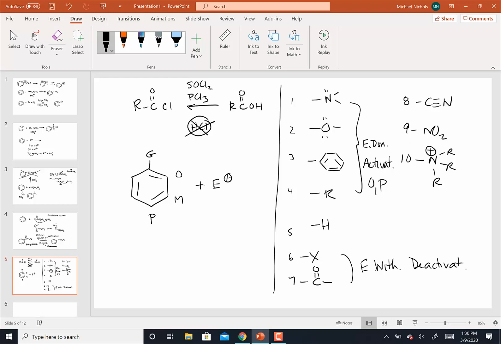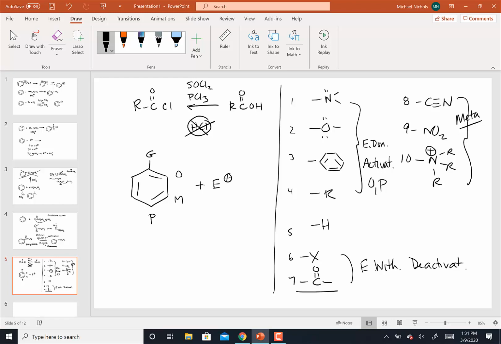All of the deactivating groups, with the exception of one, are going to be the meta-directors. So when we do a reaction with a carbonyl on down, we do not get much ortho and para product. We get mostly, if not all, meta product.